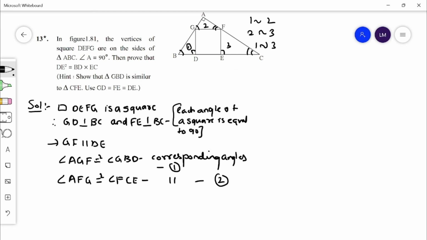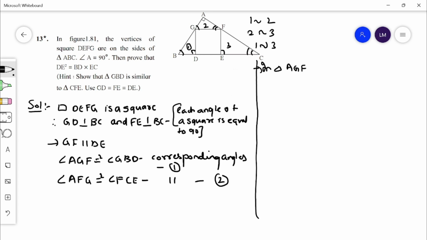Now we'll take the first two triangles, right? We already know that we have to write everything in one-to-one correspondence. So I am starting from AGF, that means A is 90°, G is corresponding angles.